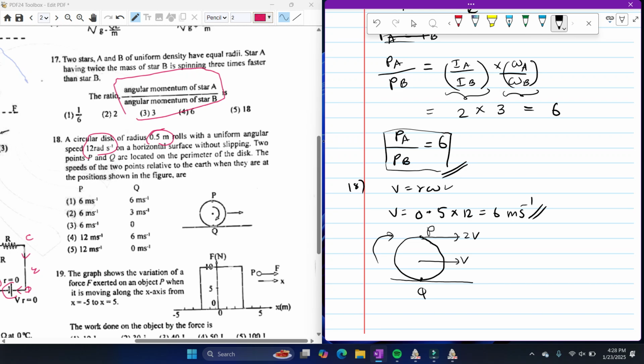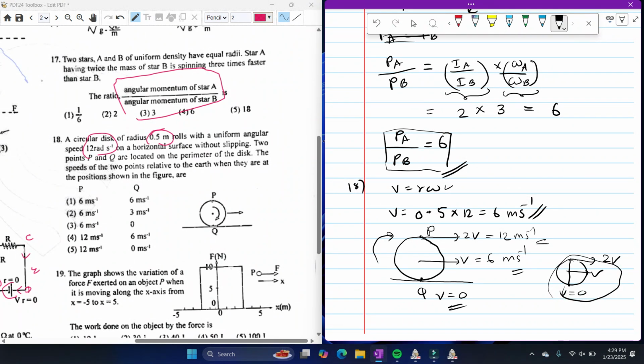So once the v here is 6, here it's 12 m/s, here 6 m/s, and here the velocity is 0. Theoretically it is something like this: here 2v, here v, here 0.